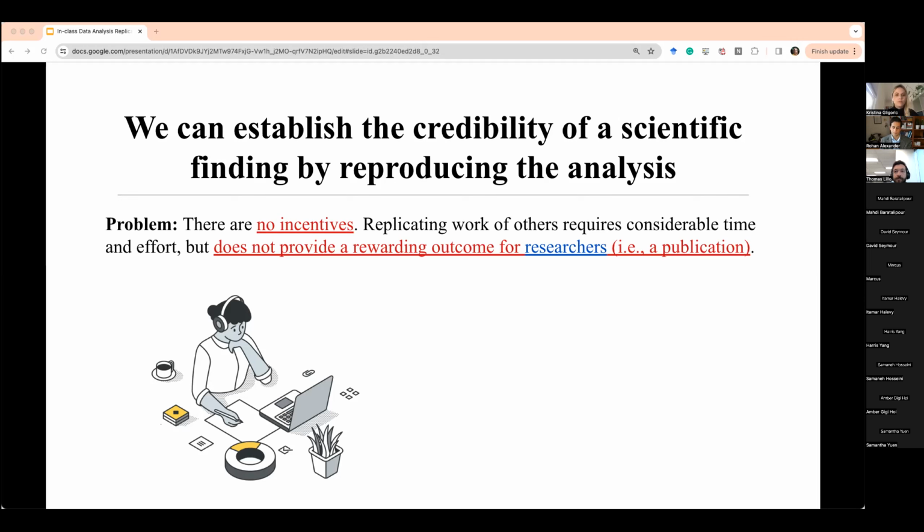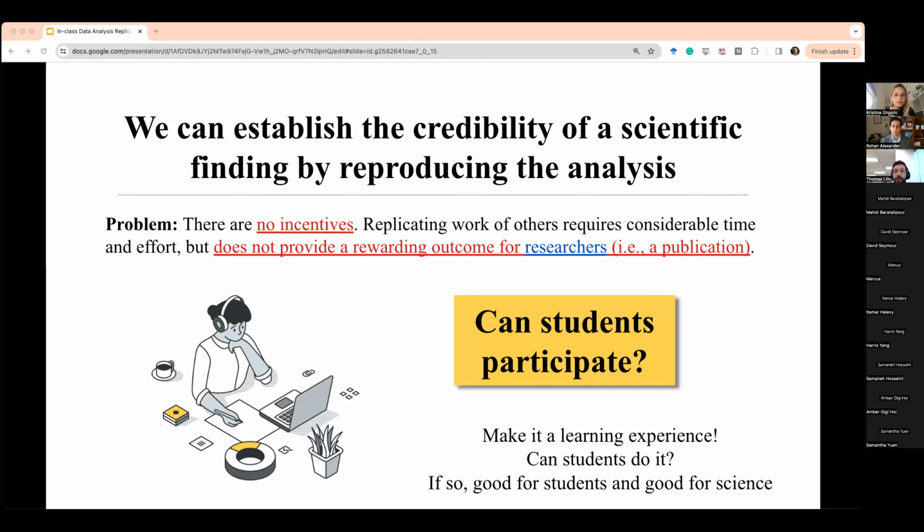So one potential solution could be to change those incentives. Could we have someone else perform replications, and could maybe students participate in this process? The question here is, could data analysis replication be done as part of existing data science instruction? Could we make it a learning experience?